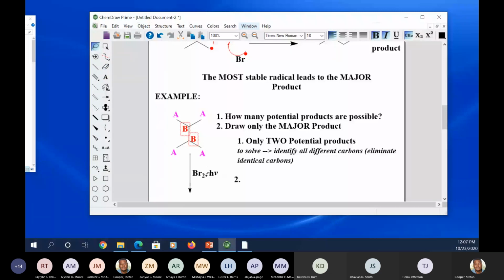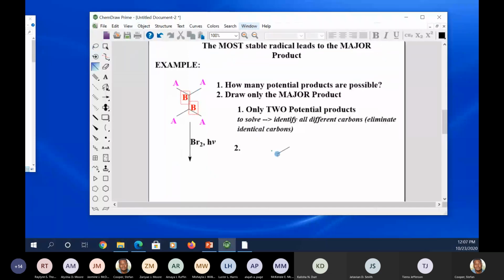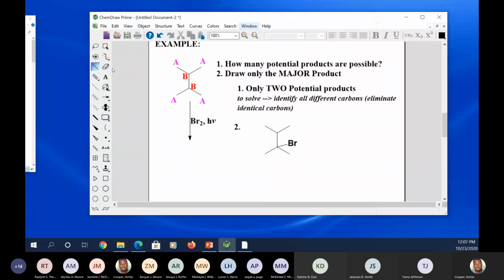So that means I'm going to put a bromine either on carbon A or on carbon B. Where should it go? It should go on B. To solve this, draw or consider both potential radicals.